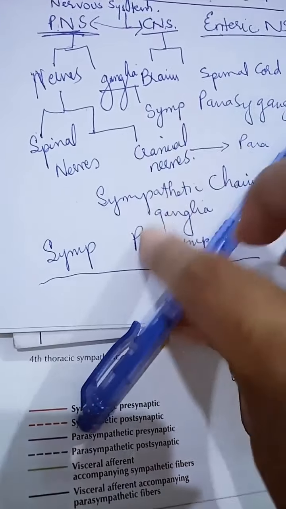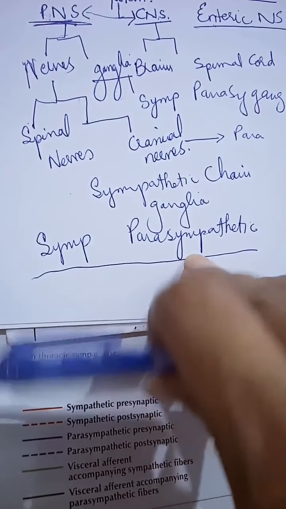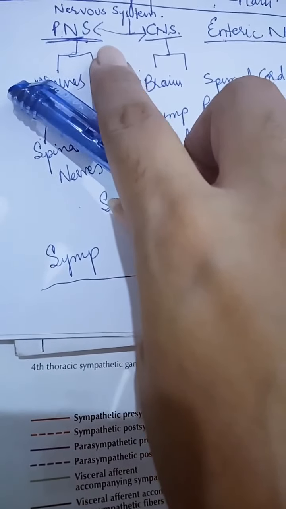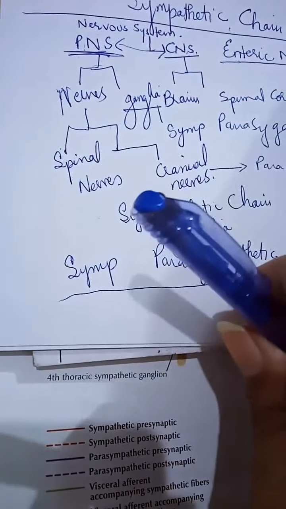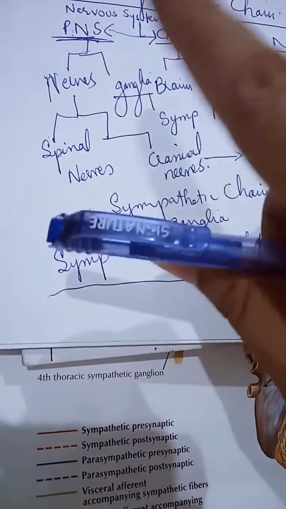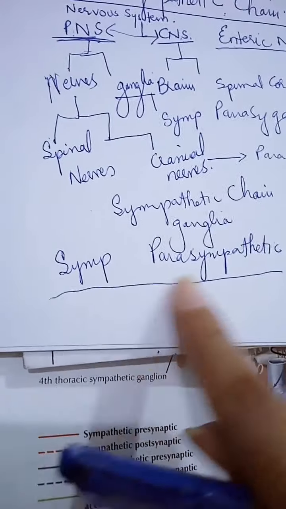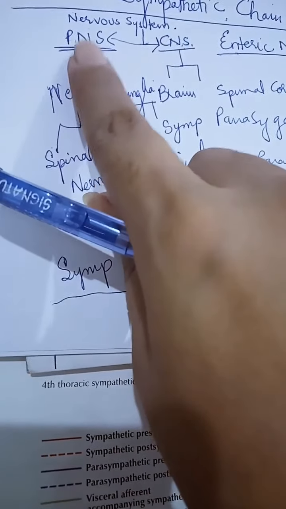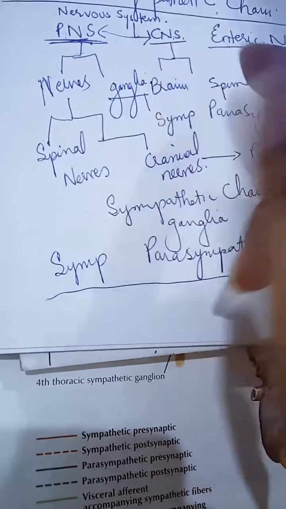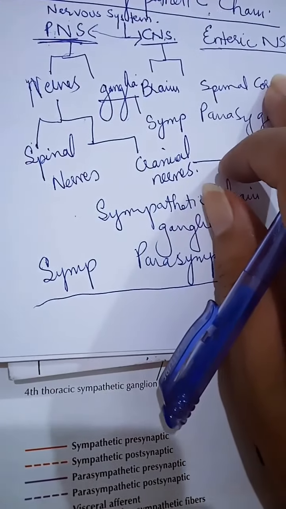So to say that the sympathetic and parasympathetic nervous system only belong to the peripheral nervous system is not right. Functionally, yes, it is distributed through the peripheral nervous system, but anatomically this is not correct. It is located in both, and I have told you how.